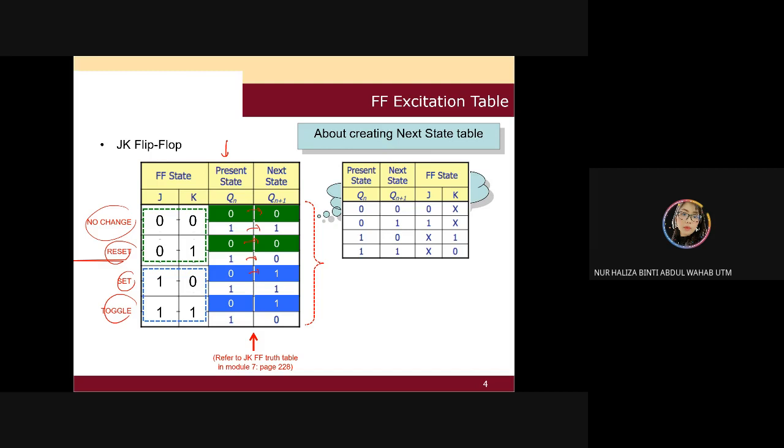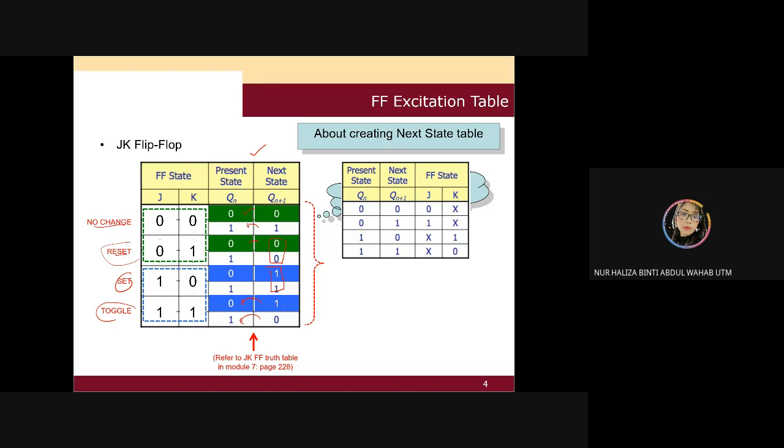Last time. Okay, so you're done with this understanding because this one is very easy to understand. You just look into your previous output, going to have no change. For this part, no need for you to look into your previous because it's going to be reset. And this also similar, it is going to be set. And lastly, it is going to toggle, so you're going to look into your previous one.